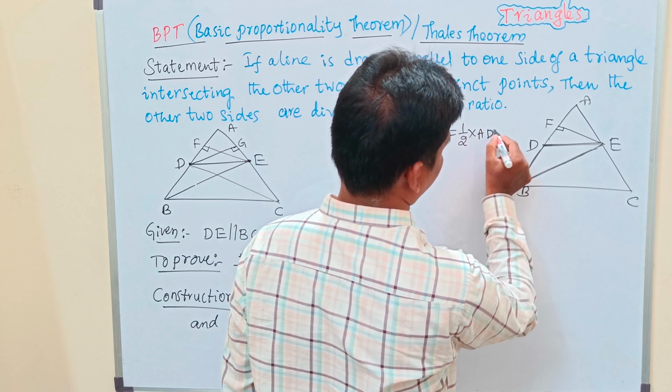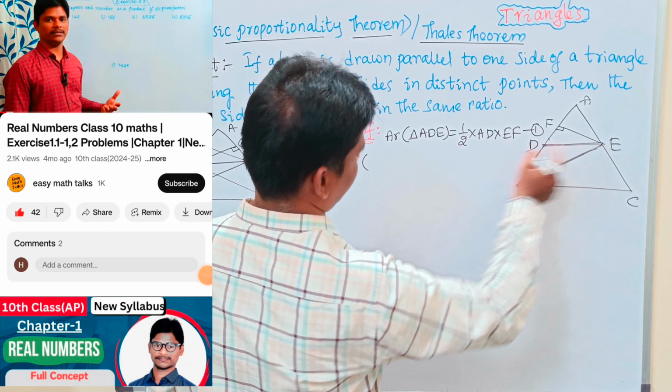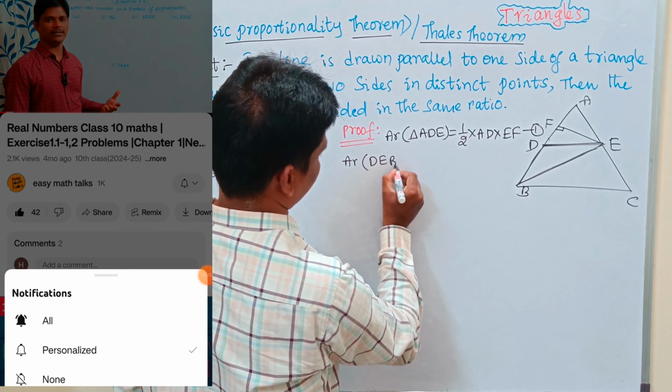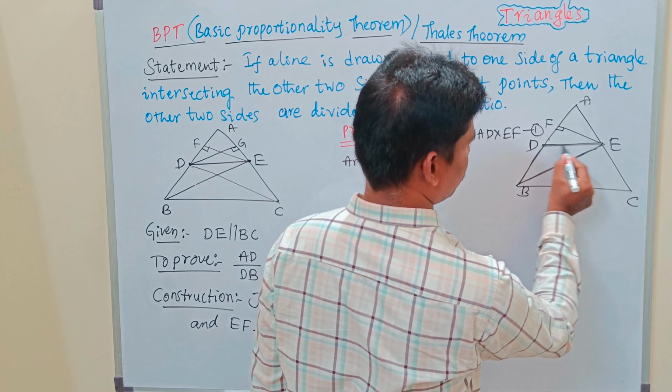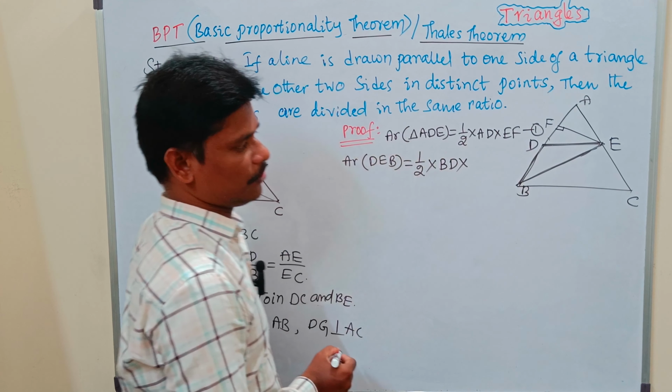Similarly, area of triangle DEB is half into the base, which is DB, into the height.